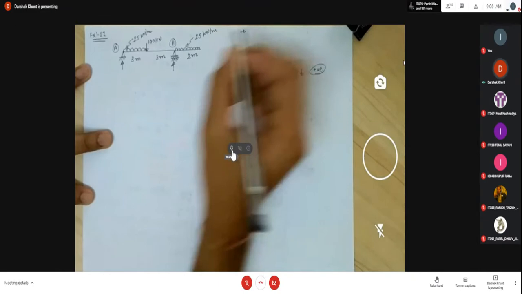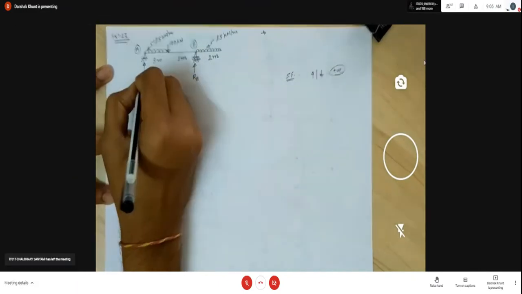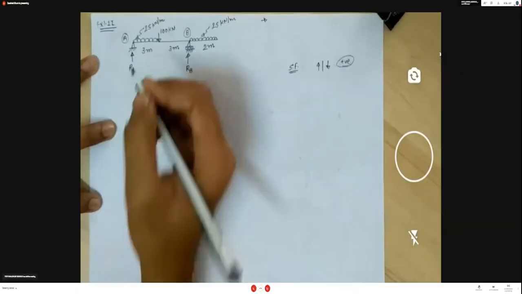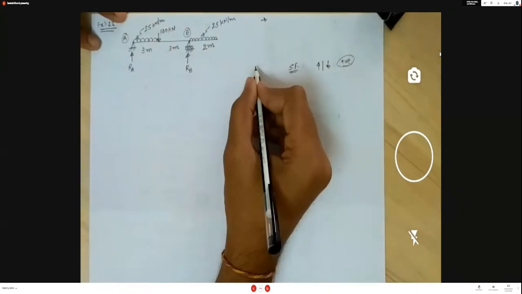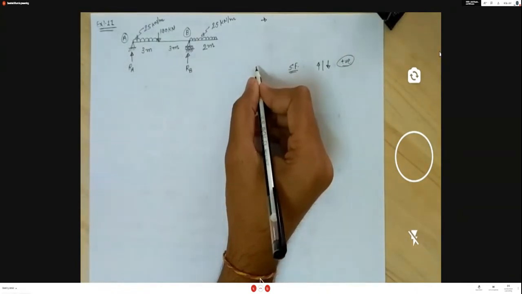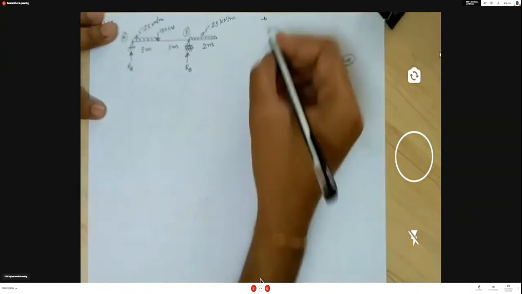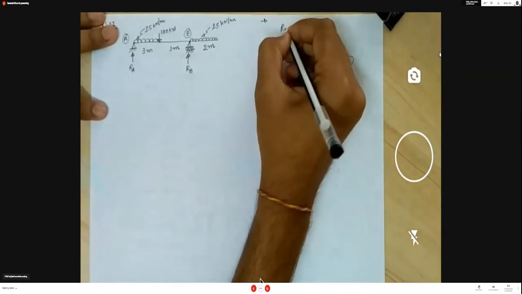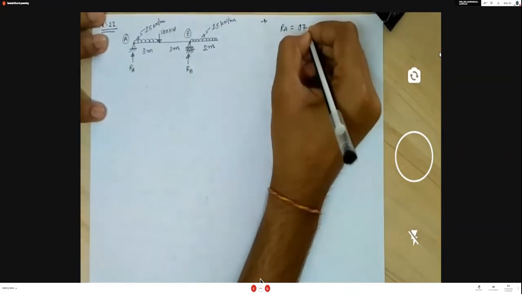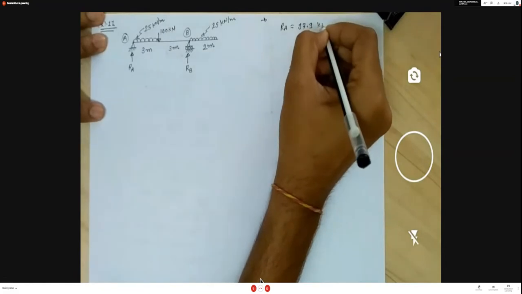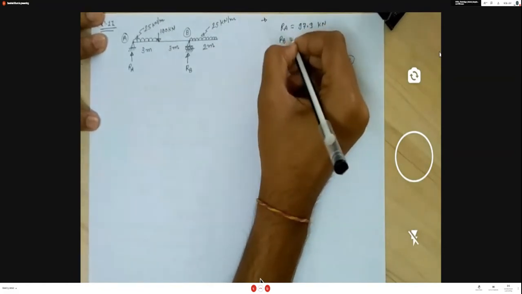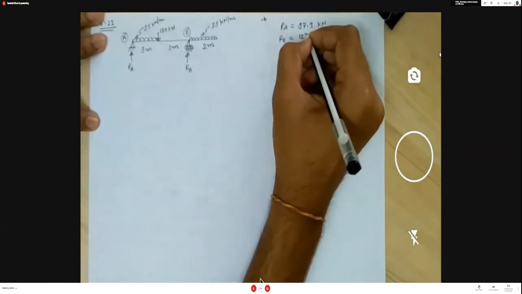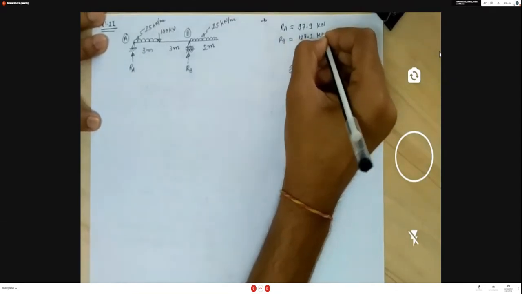So for support reaction, consider this is the reaction RB, this one is RA. You have to calculate the support reaction considering the equilibrium condition. So we get RA is 97.9, RB we get 127.1 kN. Okay.